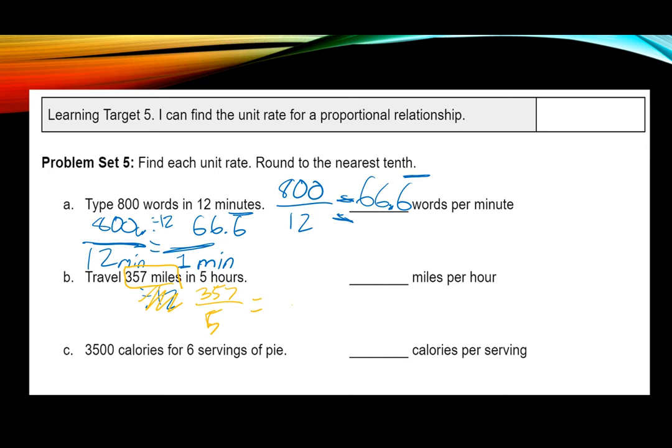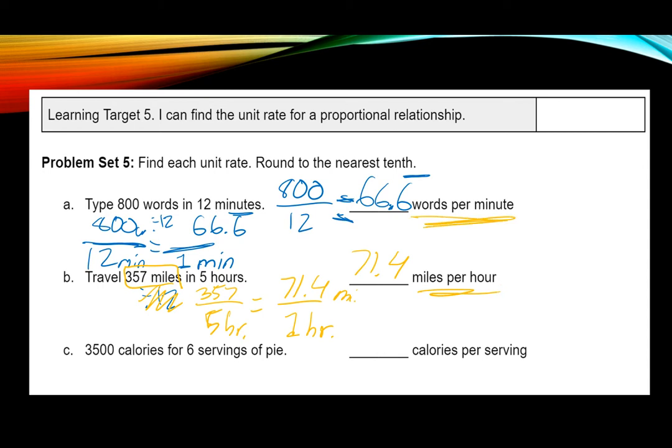We want to get this over 1, which we want to have per hour, and so we need to do 357 divided by 5, 71.4 miles per hour. Look at that. The words are already here. We don't even need to label.